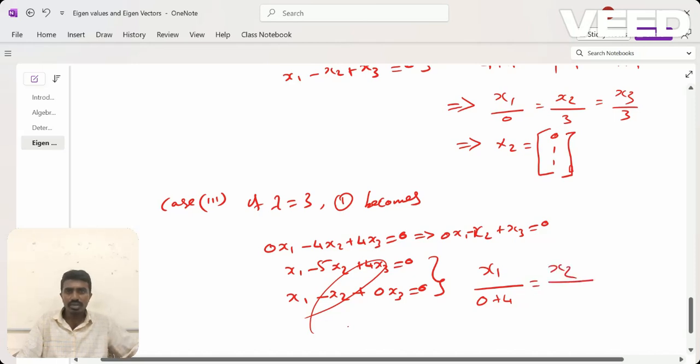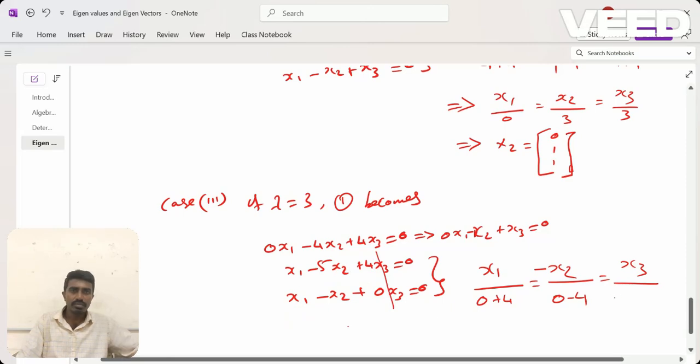Now remove the x2 column. Always put minus in front of x2, then multiply these two coefficients, which gives 0, and then multiply these two coefficients, that is minus 4, which is equal to x3 divided by. Now remove the x3 column.